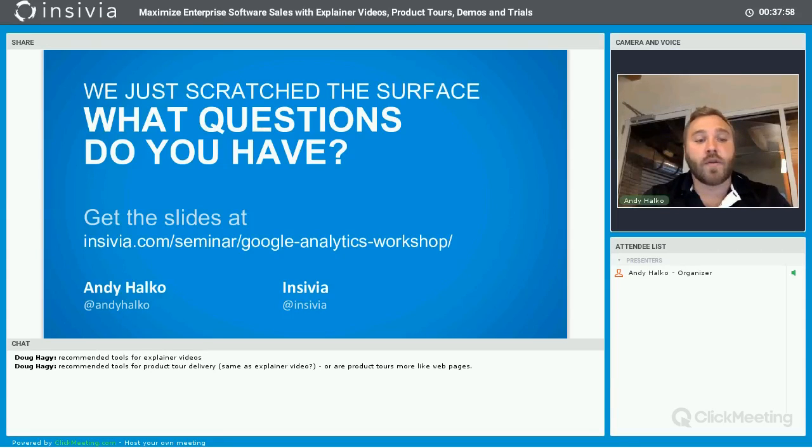So someone asked about recommended tools for product tours. Product tours are typically web pages. You can go as simple as, if you have a CMS like WordPress, creating a gallery where you put the text on the images or connect the text to it, and that's a very low cost way to create a quick product tour.